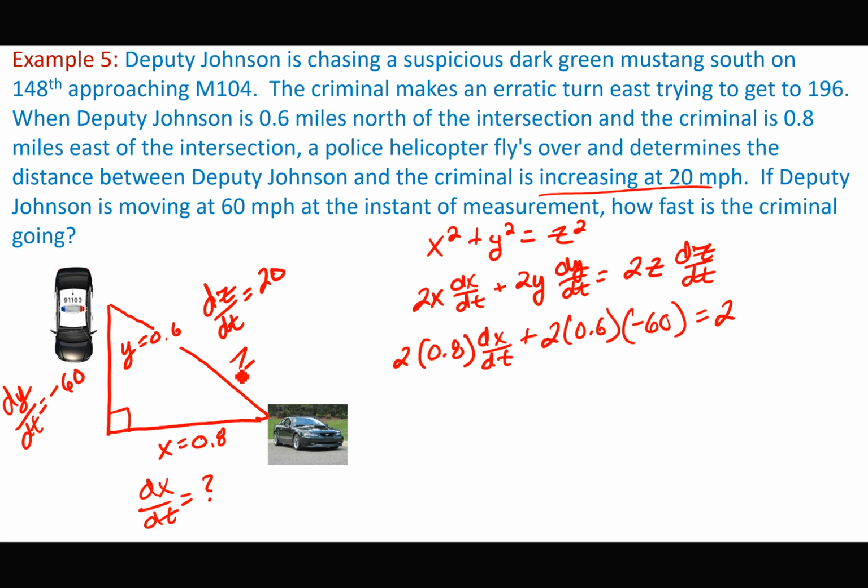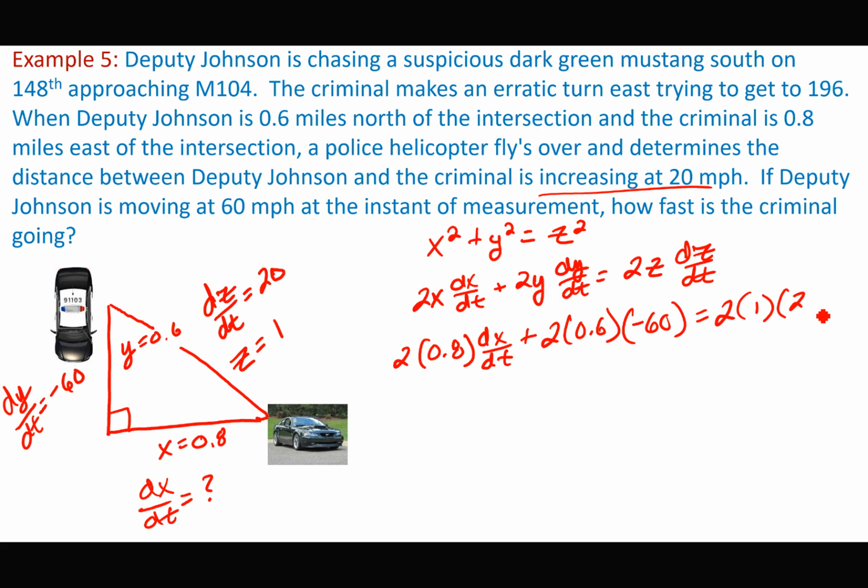What is z for this one? Jacob. It is 1. Okay. So 0.6 squared plus 0.8 squared is square root of 1, 1. Okay. So z ends up being 1.